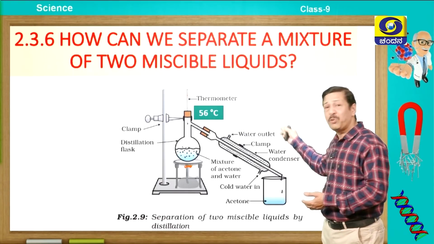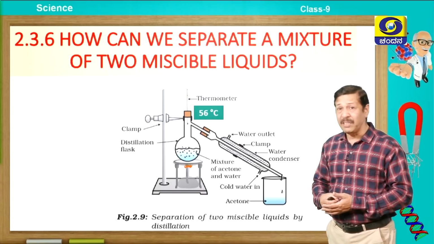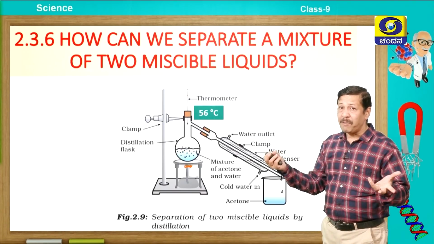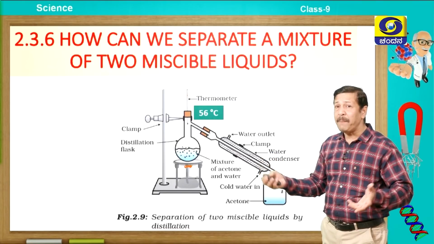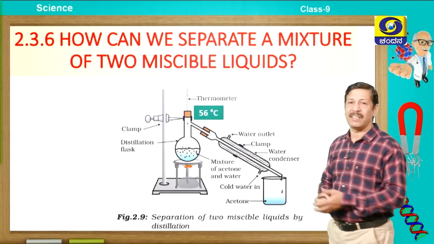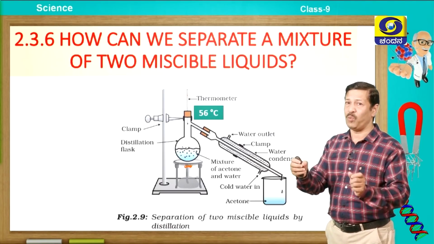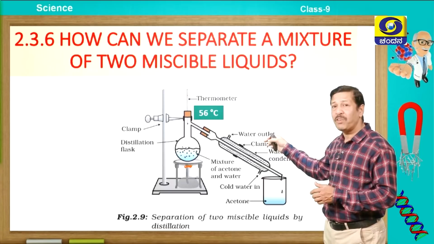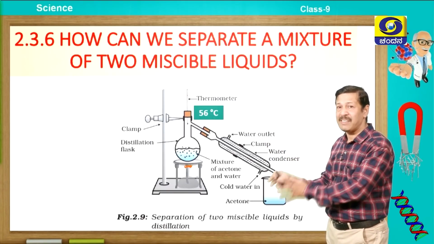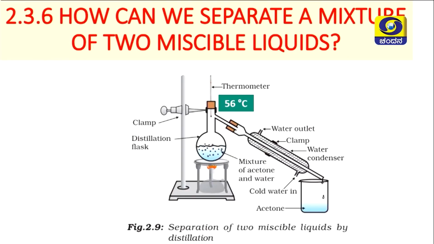The thermometer shows the temperature at which the acetone boils. First, from the mixture, acetone vapors escape. As they pass through the condenser, they cool. Water flowing through the water jacket cools these acetone vapors and condenses them, hence the name condenser.